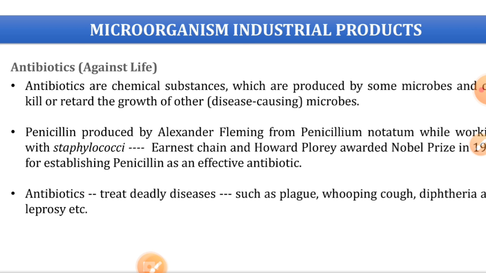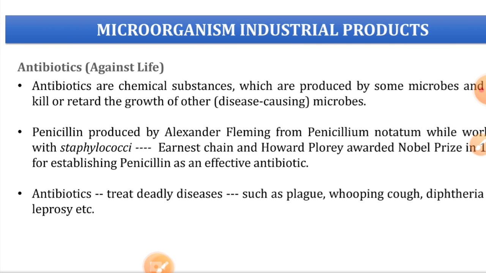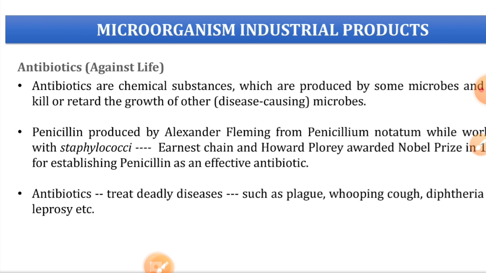But later on, Ernest Chain and Howard Florey were awarded the Nobel Prize in 1945 for establishing penicillin as an effective antibiotic. Generally, penicillin was discovered by Mr. Alexander Fleming, but it was utilized as an antibiotic by other scientists, Ernest Chain and Howard Florey, who got the Nobel Prize in 1945 for such utilizing of antibiotics, right?